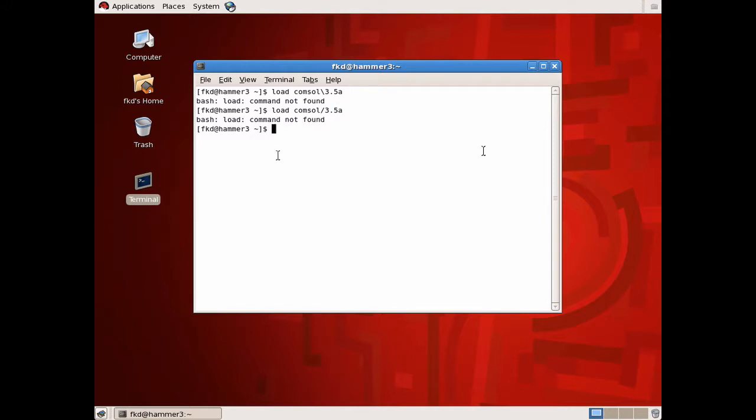Module load. The other way. Looks like it. COMSOL.